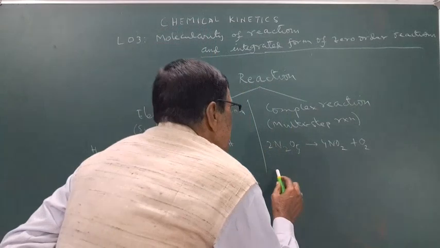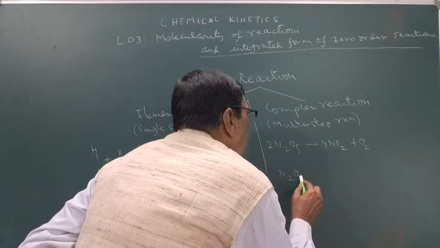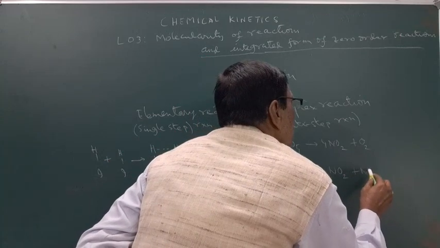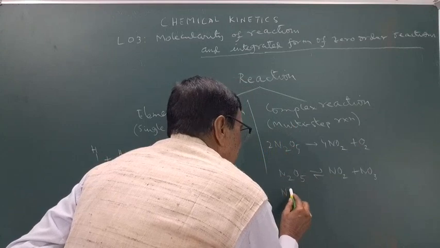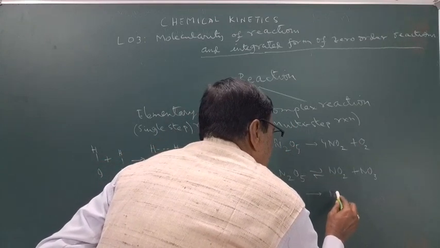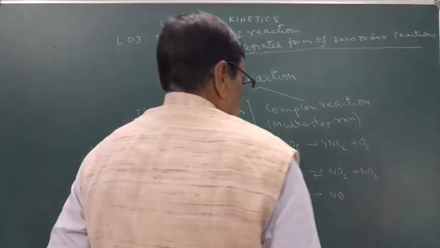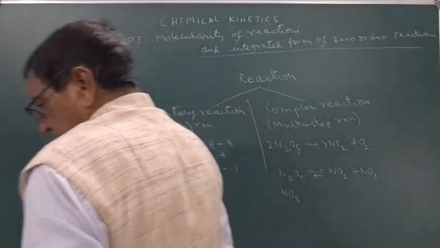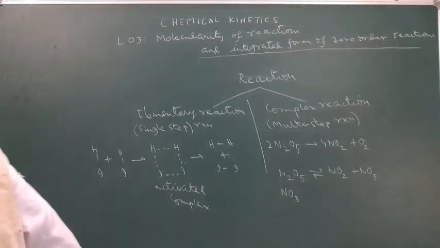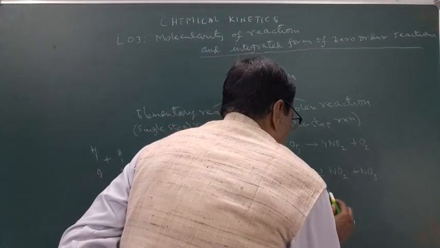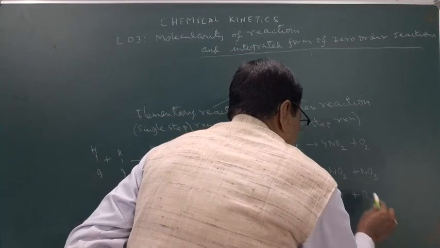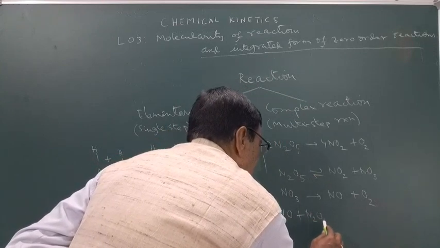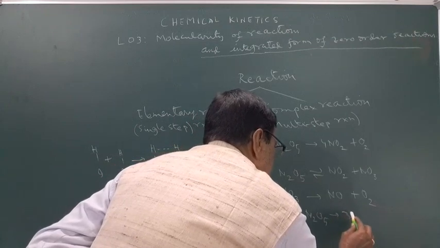Say in this case, the first step is N2O5 in reversible equilibrium with NO2 plus NO3, and the second step, NO3 giving NO2 and NO plus oxygen, and this NO plus N2O5 giving 3NO2.